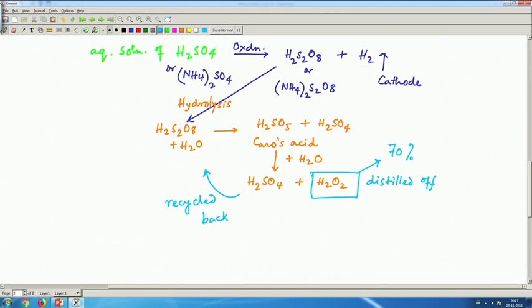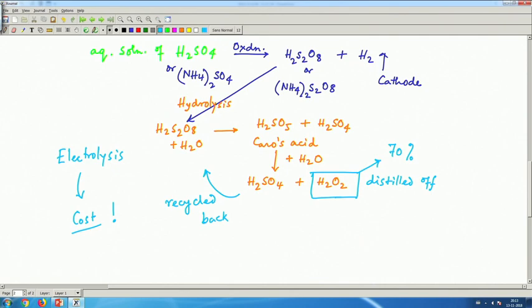So, we go for electrolysis, and that electrolysis definitely involves the cost. So, the cost of the electricity is the guiding factor for us whether the produced hydrogen peroxide is cheaper to us or not; that will be dictated by the cost of the electricity.